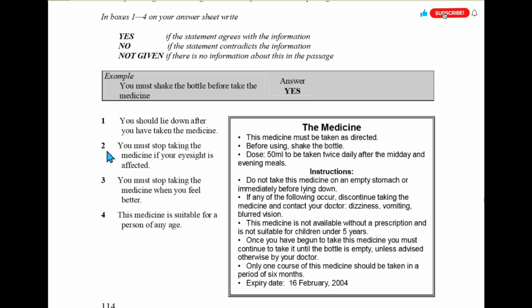Okay, so next. You must stop taking the medicine if your eyesight is affected. For this, let's see what the second point is saying. If any of the following occur, discontinue taking the medicine and contact your doctor. And now, among them, what are the options that if those occur, you have to stop taking the medicine?